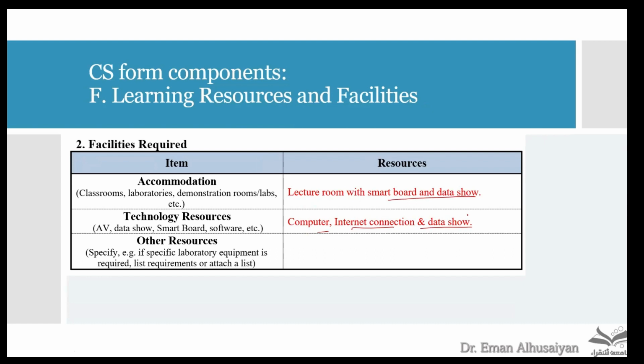That will be enough. If your course needs a phonetics lab, for example, you can mention that. And this will be very helpful actually when you write your final course report.